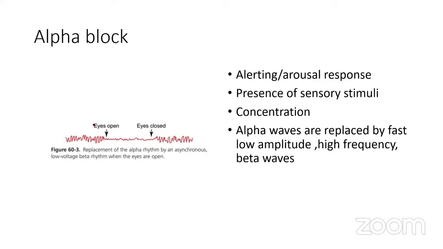Here the eyes open, here the eyes are closed. Suddenly there is a change from alpha waves to beta waves, increased frequency, low amplitude waves. This is known as alpha block. The alpha waves are blocked by the presence of a sensory stimulus.